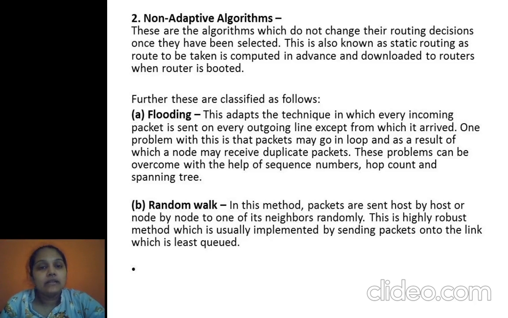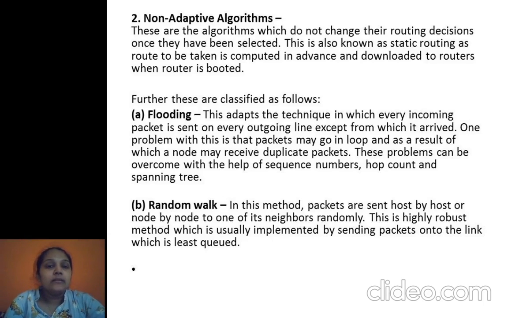Next is random walk. In this method, packets are sent host by host or node by node to one of its neighbors randomly. This is a highly robust method, which is usually implemented by sending packets onto the link which is least queued.